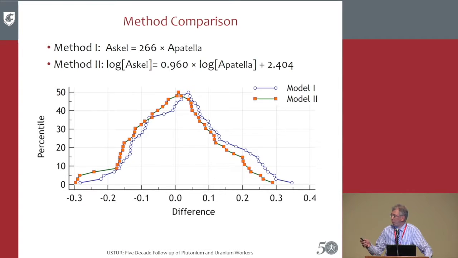The top of the hill should be as close to zero as possible. On this plot you can see, yes, the log transform model is a little bit closer to zero, so you assume it's a little bit better, but how significant is that improvement really? Basically, both models derive skeletal activity with very similar results. If you're in the field and want a quick calculation, you use the activity in patella multiplied by roughly 300 and you get the skeletal activity.